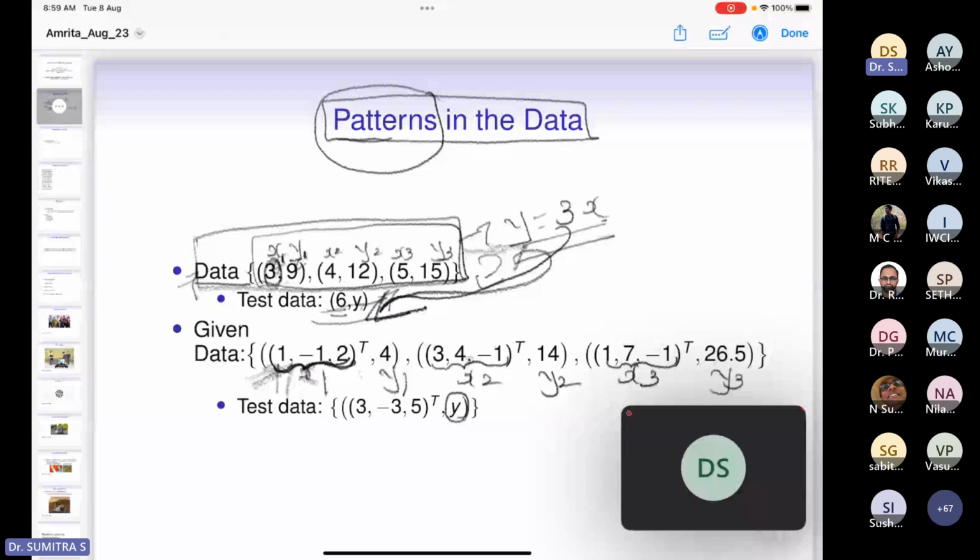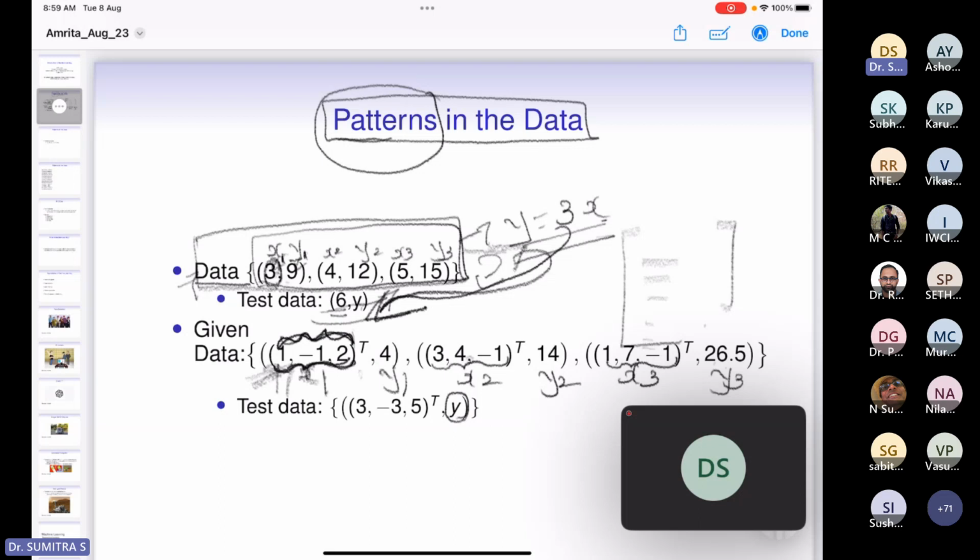Now you can imagine if we have a database of millions and millions of data, and each input xi is of high dimension, a vector of high length. This one is length 3.